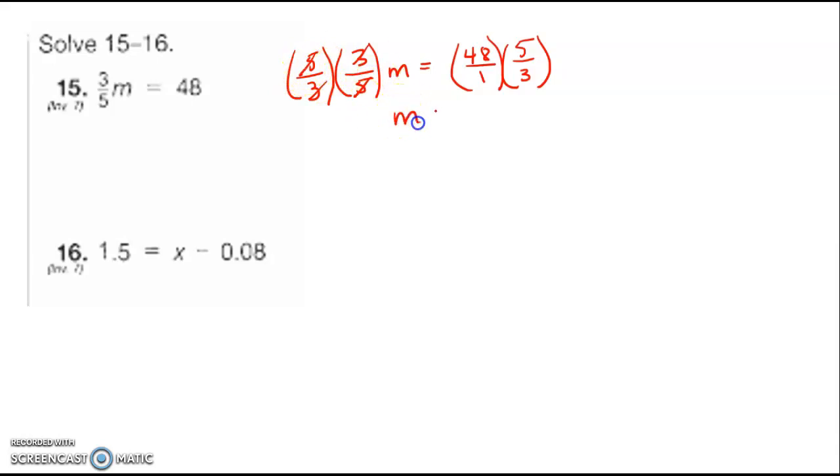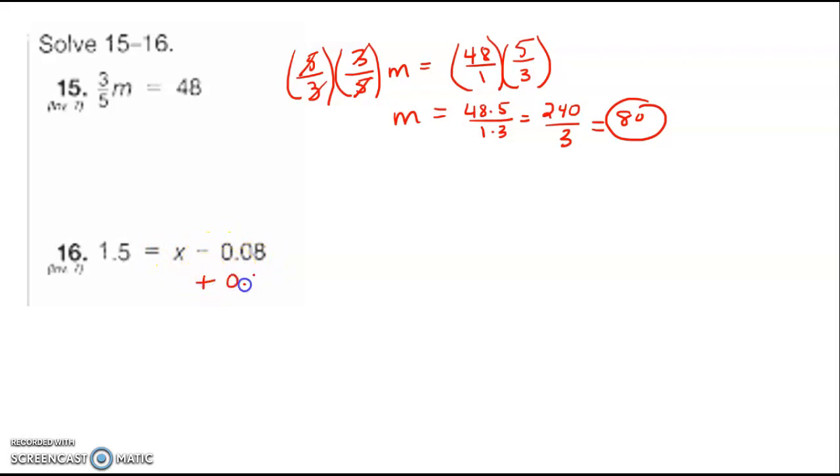All of this cancels, so we have m is equal to 48 times 5 over 1 times 3. 48 times 5 is 240 over 3, so I'm going to divide that. 240 divided by 3 is 80. And that's my answer.